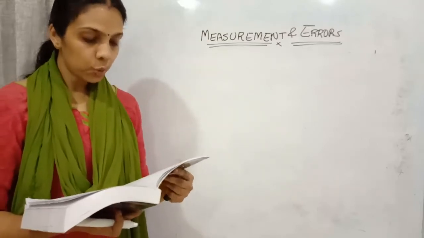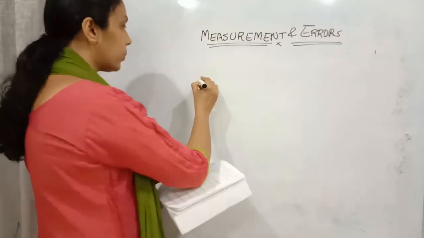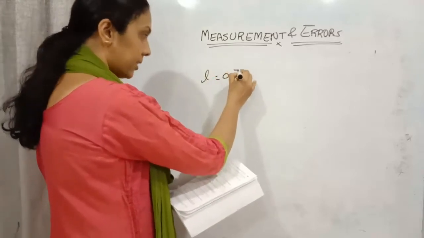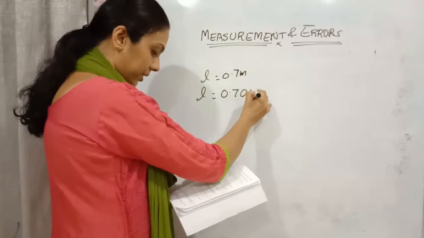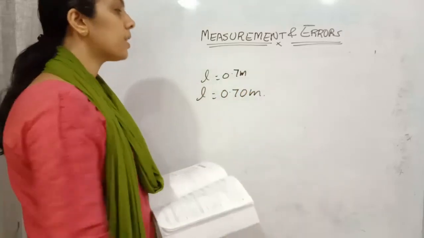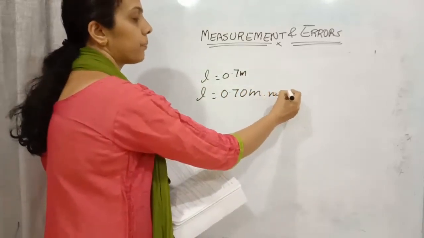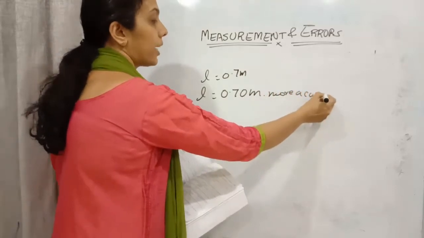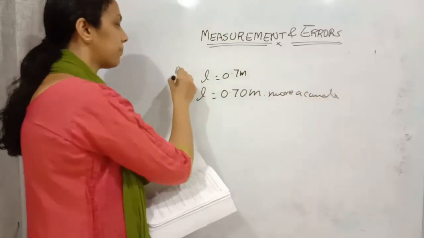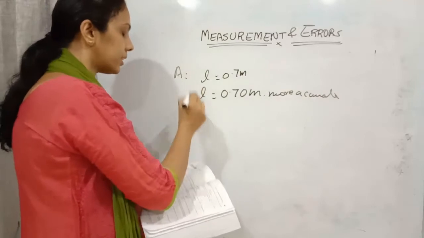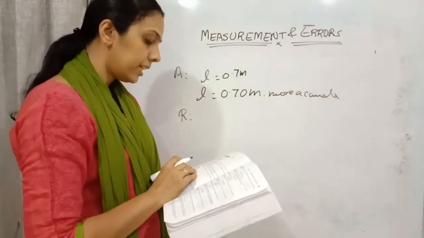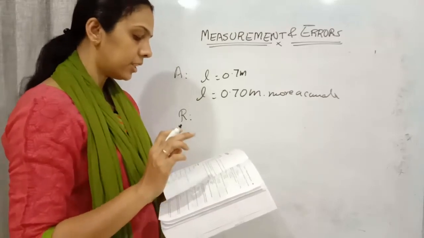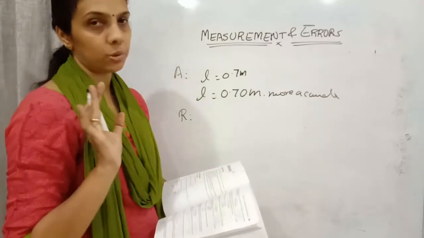Now here, first question. Assertion: out of the two measurements, L equals 0.7 meter and L equals 0.70 meter, the second one is more accurate. This is the assertion. Next, reason is given: in every measurement, mostly the last digit is not accurately known.